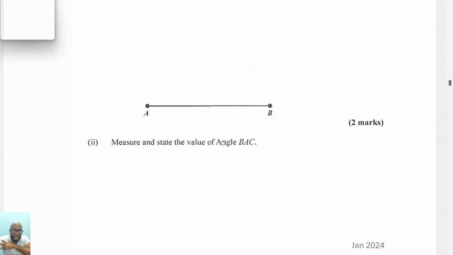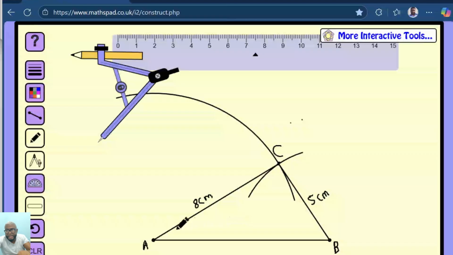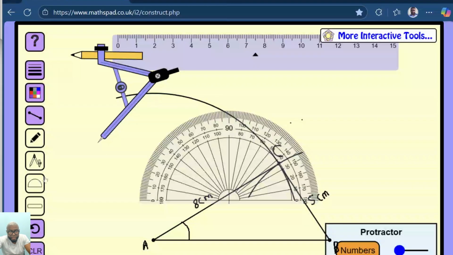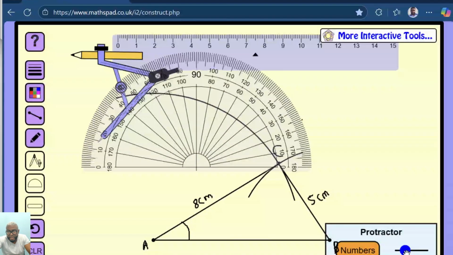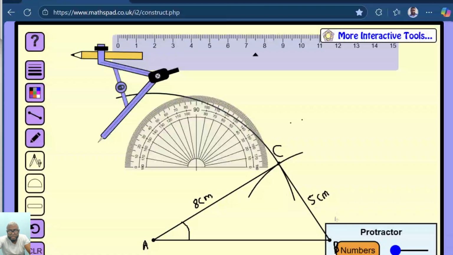Measure and state the value of angle BAC. They want the angle B to A to C. The letter in the middle is where the angle is located. So pull your protractor.